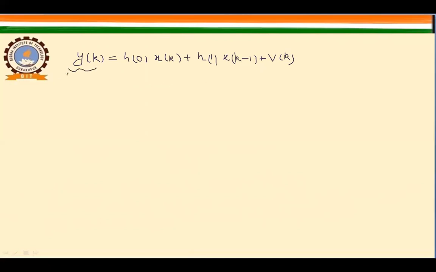This is the current symbol at time k. This one is the transmitted symbol at time k.